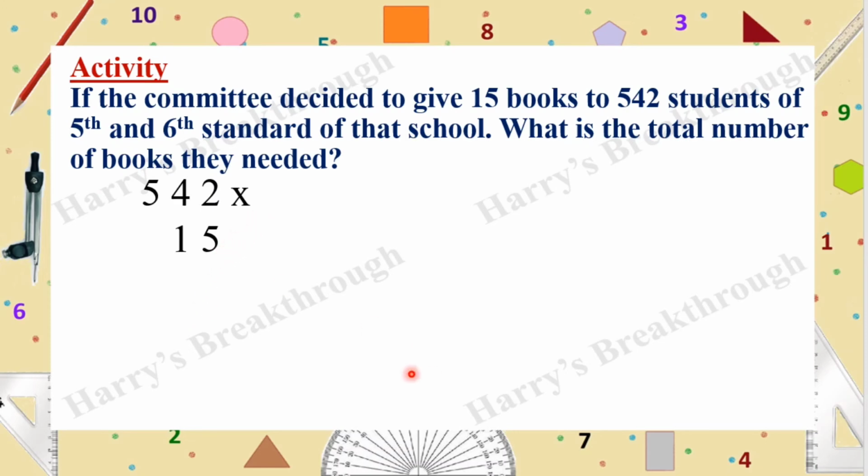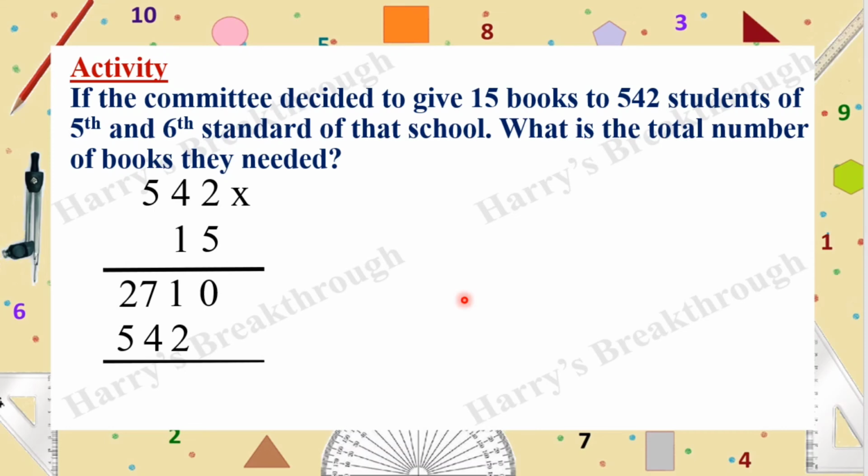542 into 15. 5 into 2, 10. Let's put 0. Remainder 1. 5 into 4, 20 plus that remainder, so 21. Let's put 1 and remainder 2. 5 into 5, 25, 25 plus 2, 27. Now multiply with 1. 1 into 2, 2, 1 into 4, 4, 1 into 5, 5.